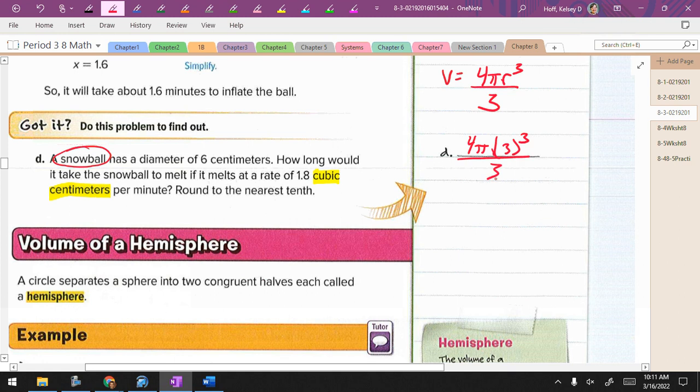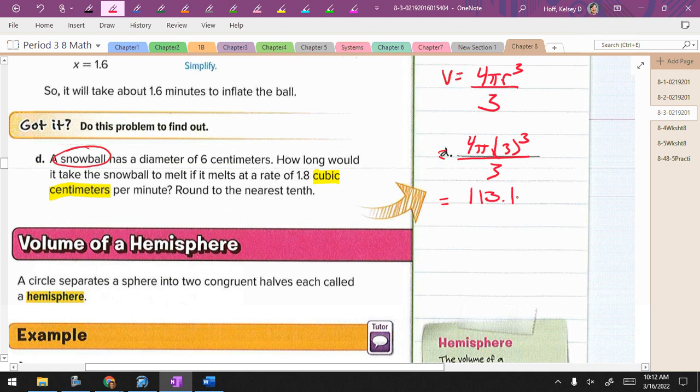Put it in your calculator. Round to the nearest tenth for me. Anybody else get 113.1?